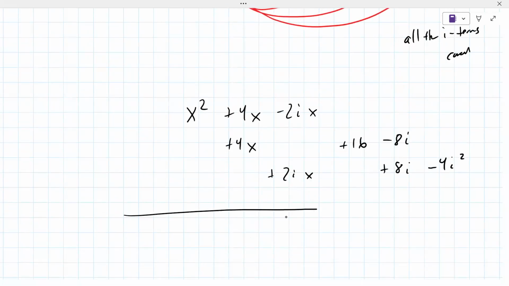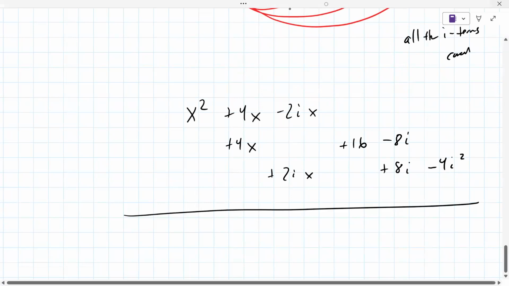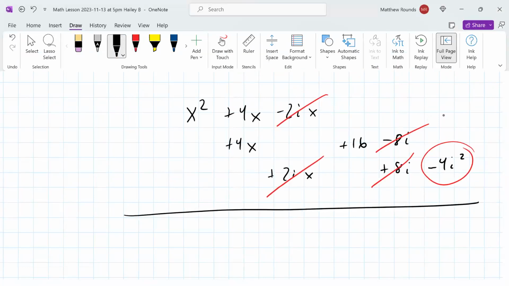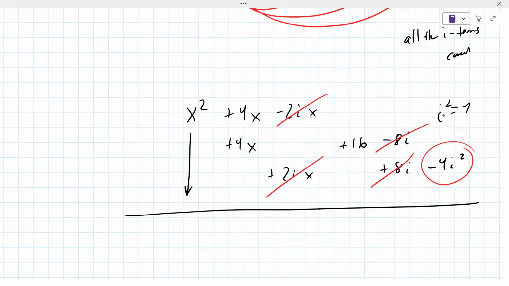Okay. So what I was trying to say is that these i terms cancel, and you're left with this one. Now i squared is really -1. So you bring this down, you bring these down, you bring this down, but this becomes +4. So could you try simplifying that for us, please?